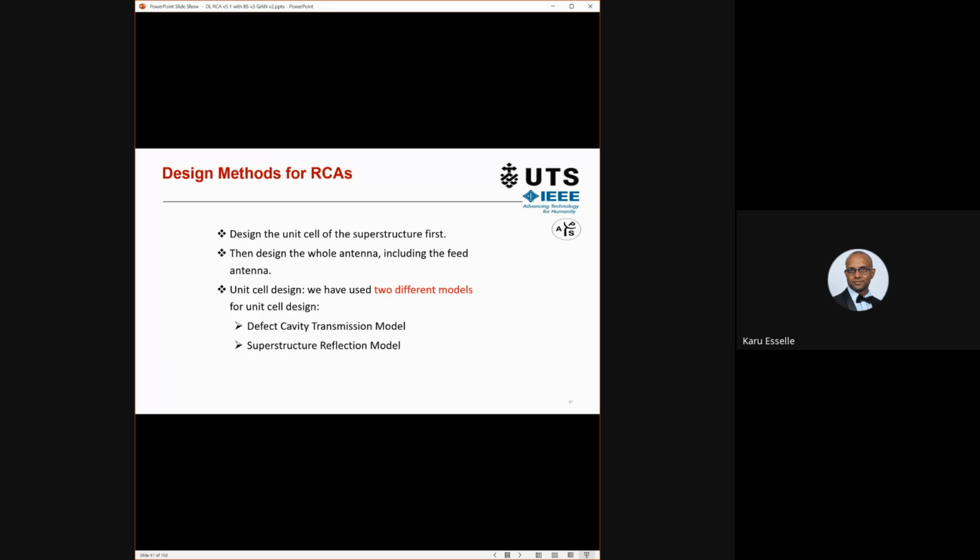But now, when we come back after the break, we will look into design methods for resonant cavity antennas. Little bit theory in some of those.